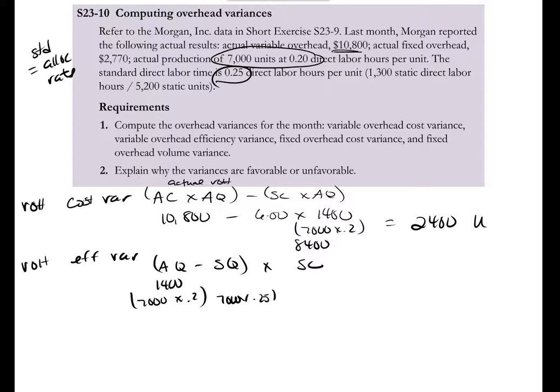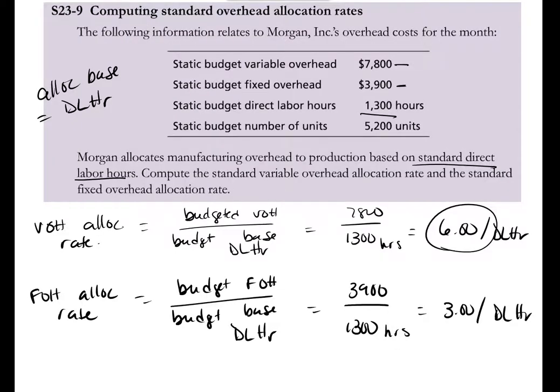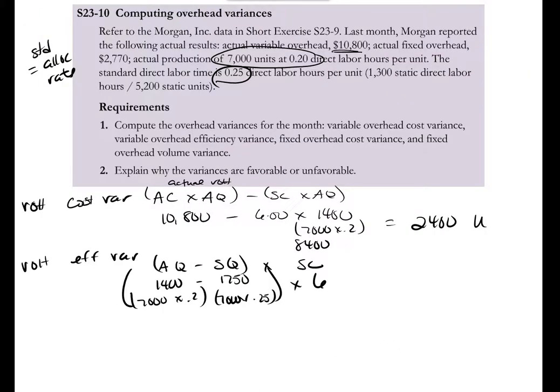So 7,000 times 0.25 is 1,750. So I used 1,400 hours. I was expecting to use 1,750 to make this many. And so I take that difference times the standard, which is 6, which again is what we calculated right here. And that gives me 2,100, and that's a favorable variance because I used less direct labor hours than I thought I would have.